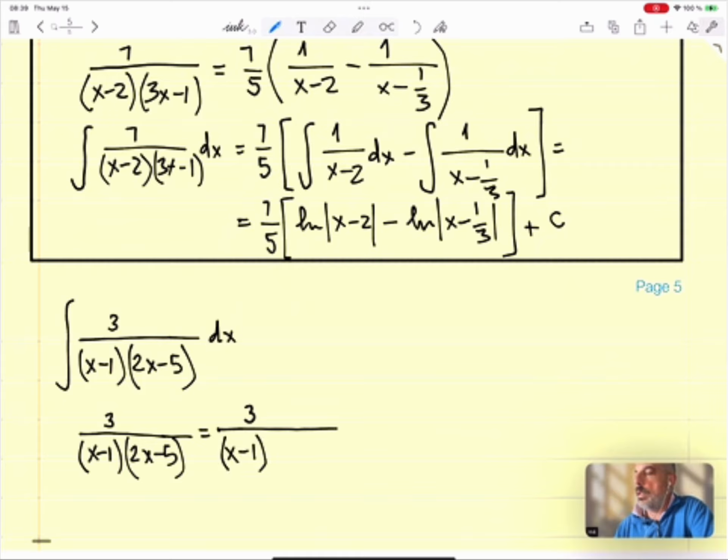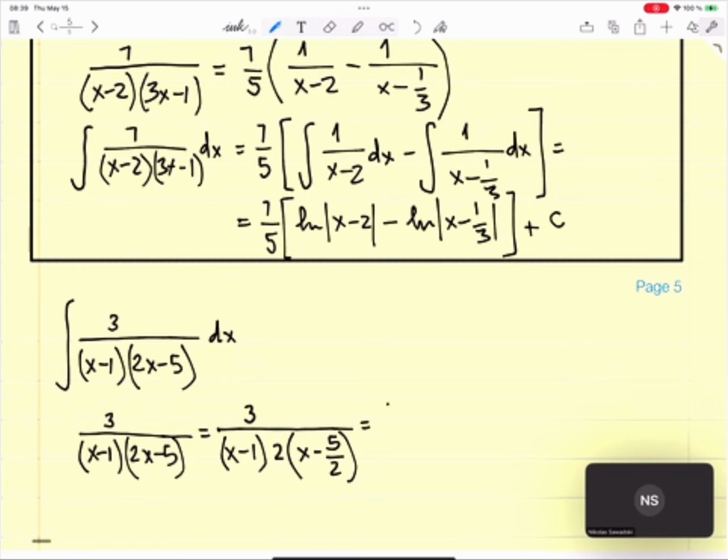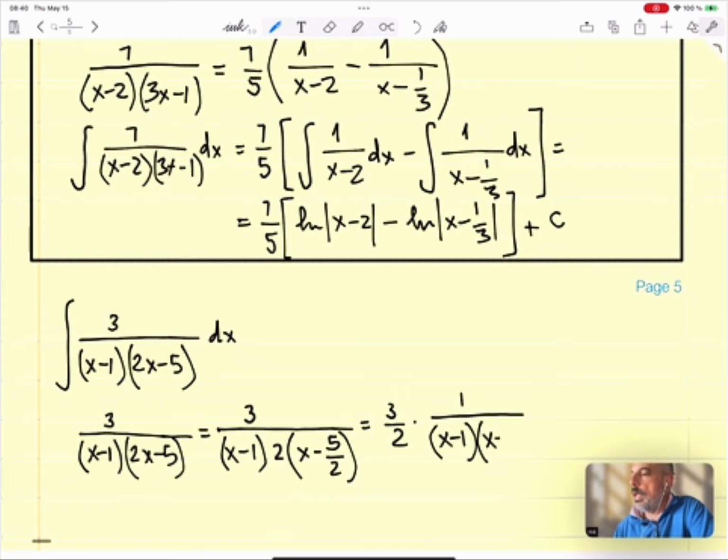I take the 2 out of the parentheses, so 2 times (x minus 5 divided by 2). Is that okay? Then we say 3 divided by 2 multiplies (x minus 1)(x minus 5 divided by 2). And then I separate it. I say this is equal to a divided by x minus 1 plus b divided by x minus 5 divided by 2.